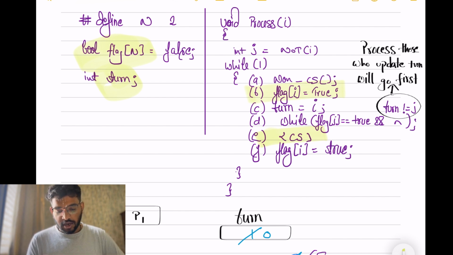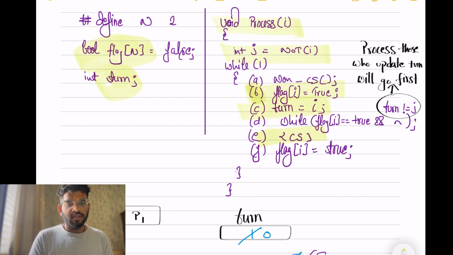So first, we are using this for process i, and we set j as not of i, which means if process i is 1, then j is 0. Then if process i wants to execute the critical section, it will set flag of i as true here in point B. Then it will set turn equals to i.